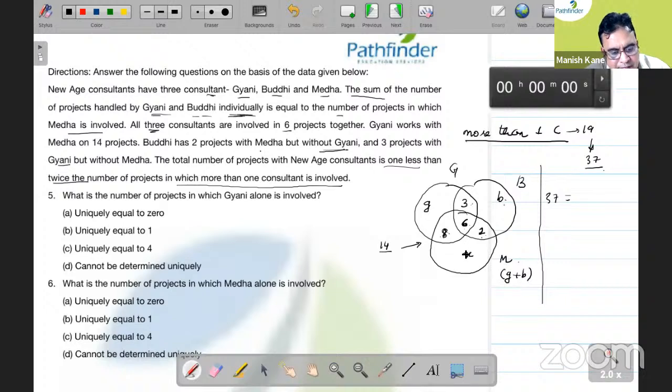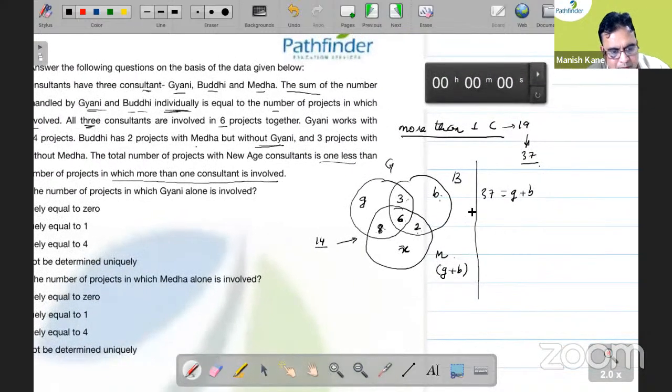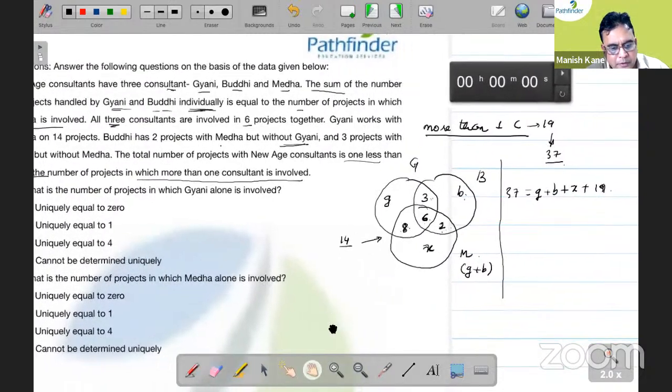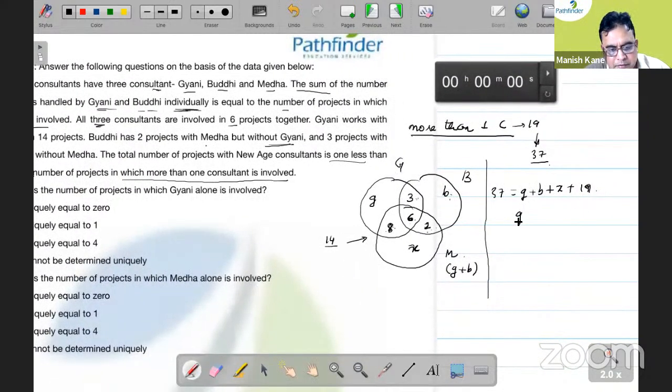Let us call this number X. Now 37 must be equal to G plus B plus X plus 3, 6, 9, 8, 17 to 19. So what do you get? You get G plus B plus X is equal to 18.